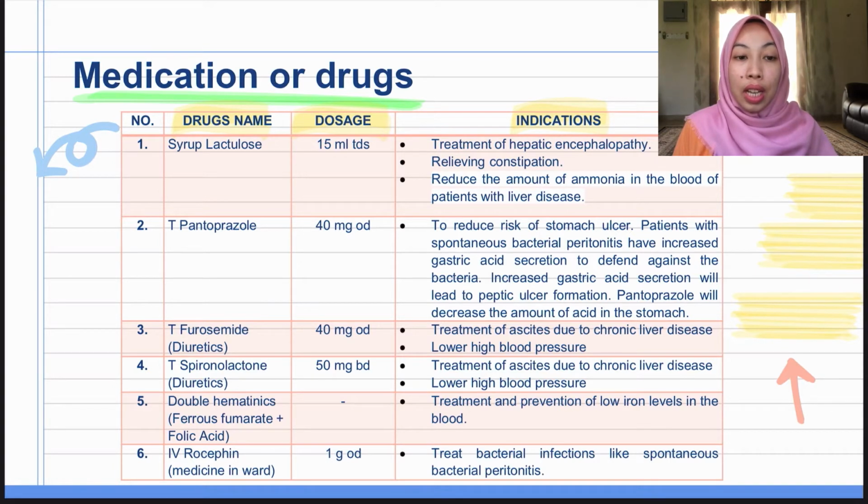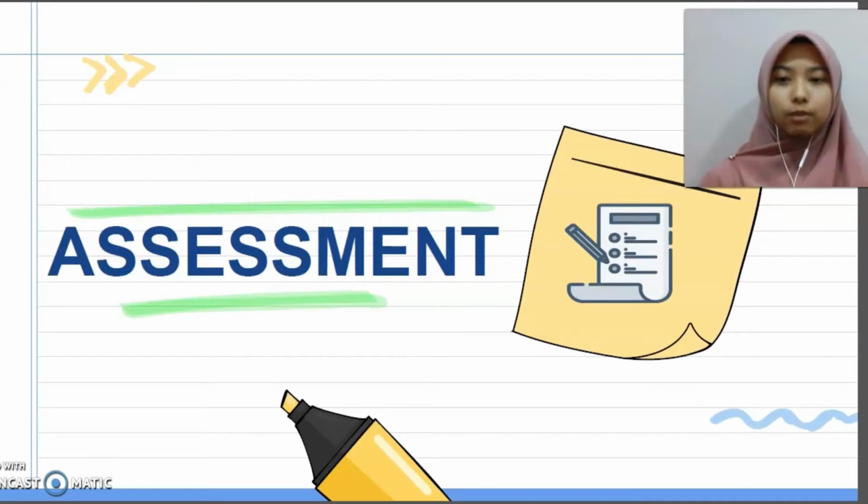Next are double hematinics, which are ferrous fumarate and folic acid. They are used for the treatment and prevention of low iron levels in the blood. Lastly, he is also prescribed Rocephin intravenously, 1 gram once daily, to treat the bacterial infection in the spontaneous bacterial peritonitis. Next, we move to the assessment part.